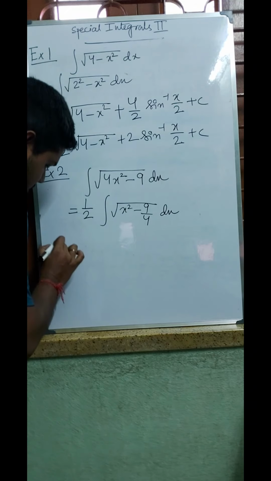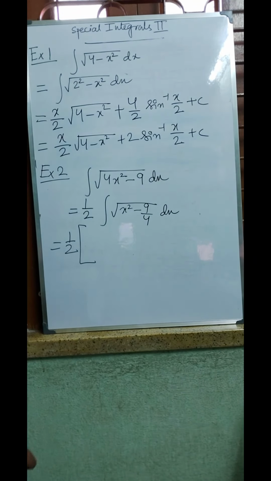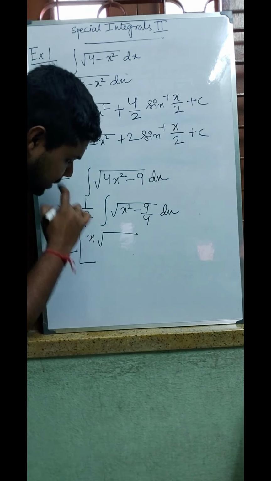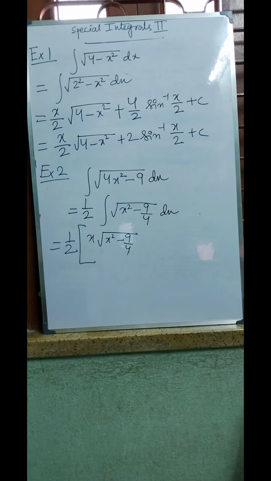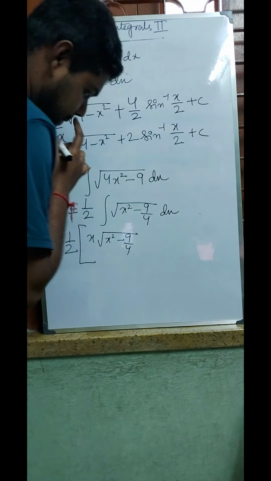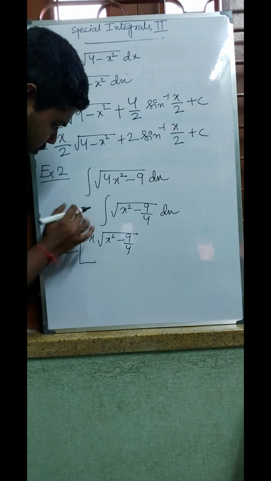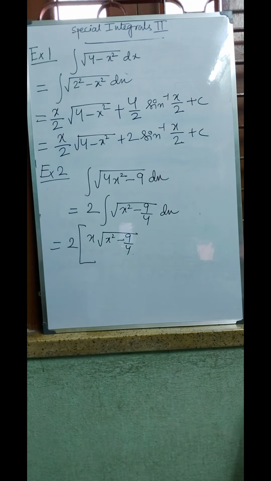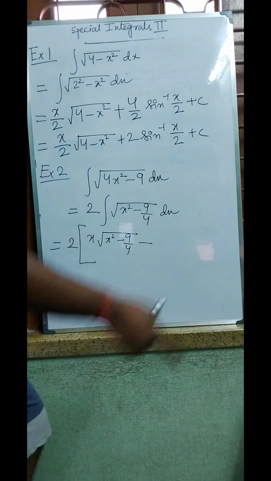So therefore half, this whole thing is common, x by 2 times root of x square minus 9 by 4, minus a square by 2.